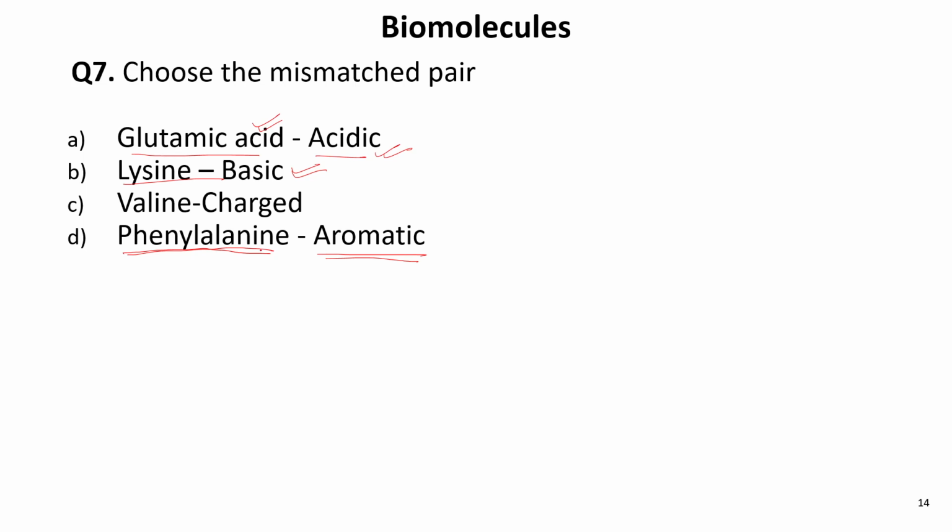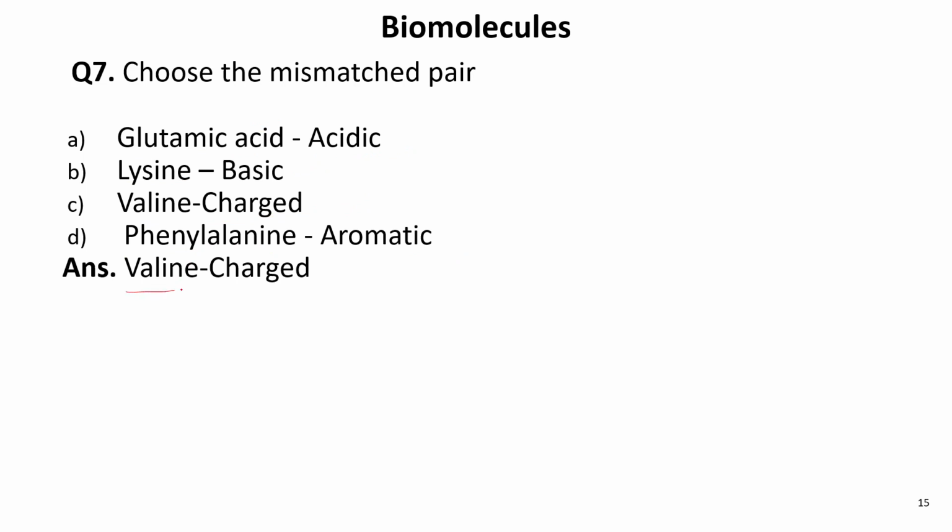Okay, so phenylalanine is an aromatic amino acid. Now valine, charged. So this is incorrect. Valine is not charged. No charge is present on the valine. So this is the mismatched pair.